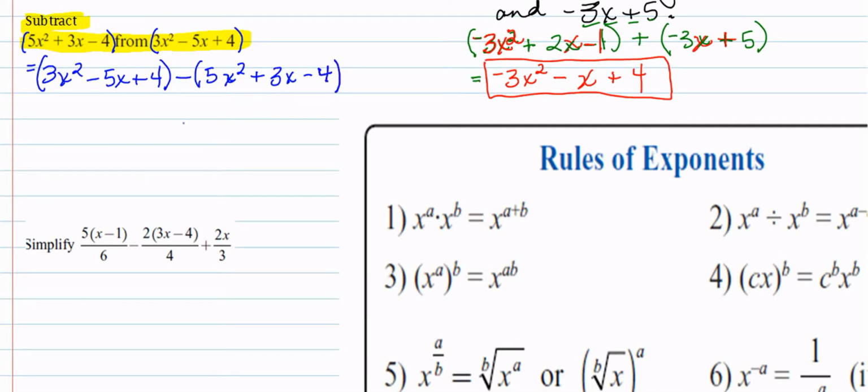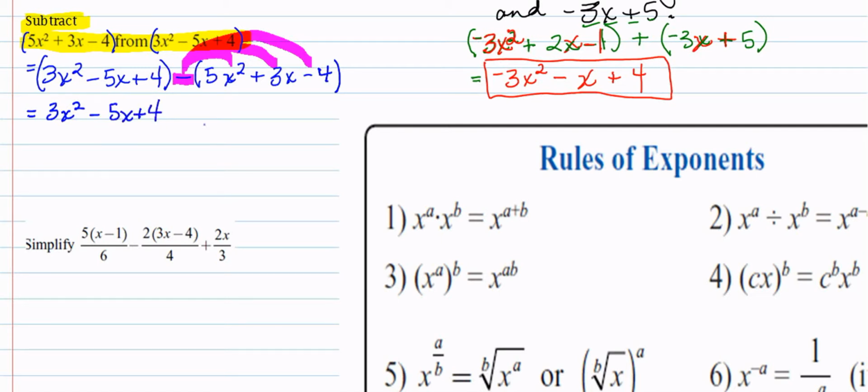Let's take care of that negative first. There are 1, 2, 3 terms inside the parentheses that will become opposite signed. Let's bring down the first polynomial. Once we distribute the negative, we don't need our parentheses anymore.